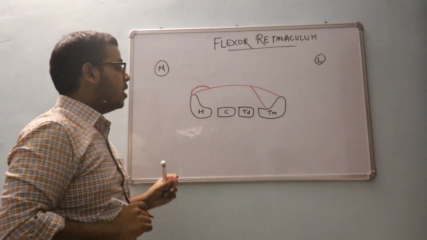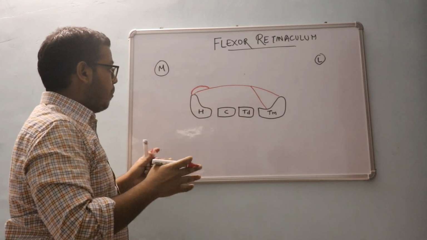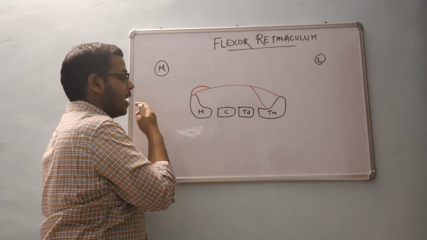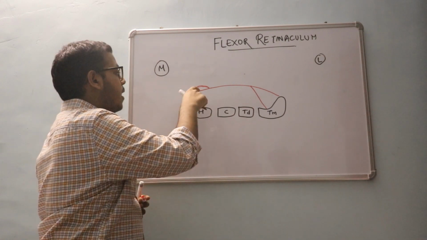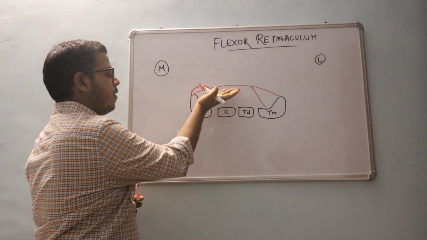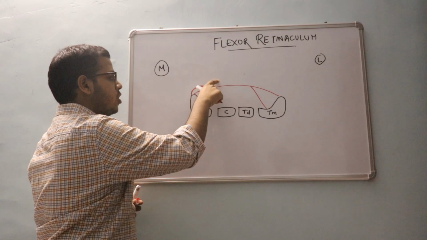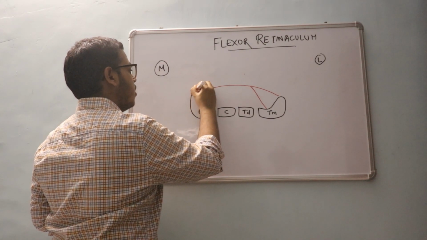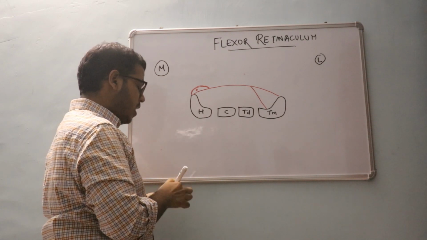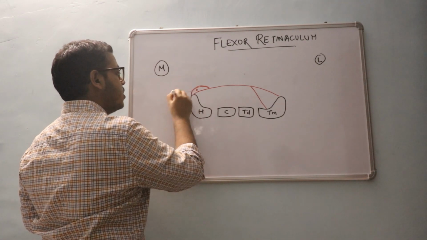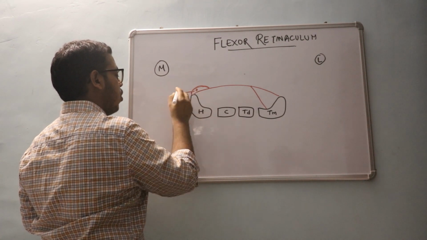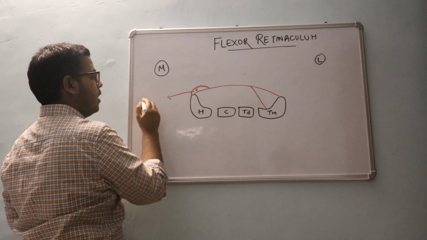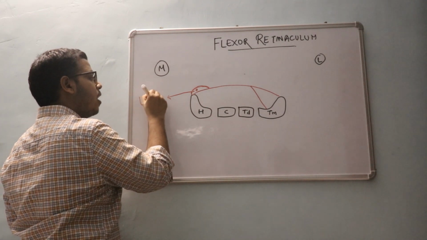Now what happens on the medial side, superficial to this flexor retinaculum, here we have got an artery. What is that? This artery is actually the ulnar artery.